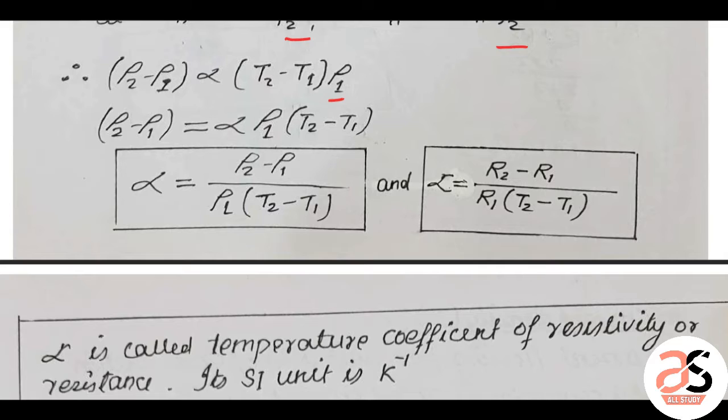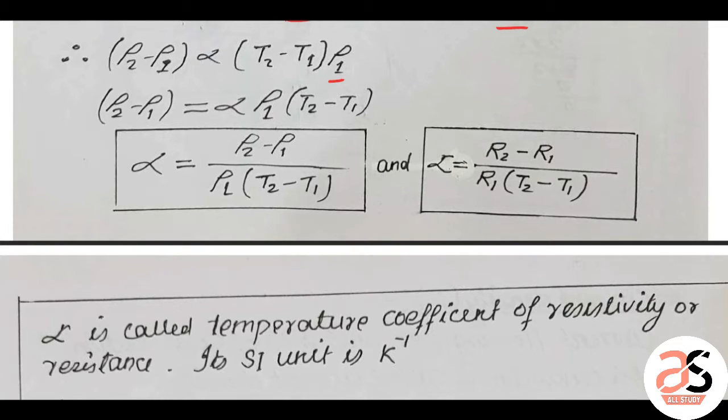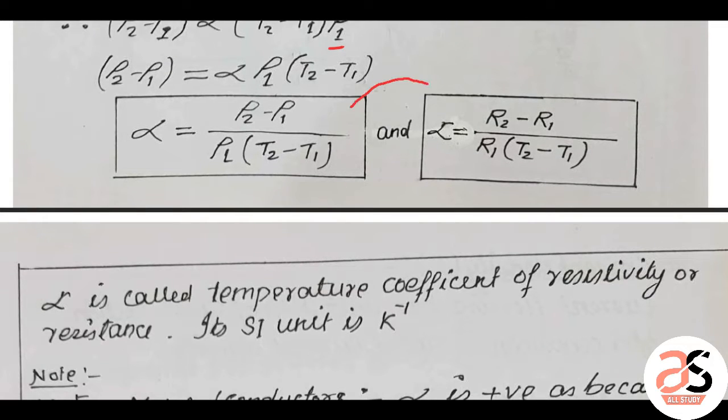Now they are proportional. To make them equal, one constant is multiplied here, which is called the coefficient of resistivity. So rho 2 minus rho 1 by rho 1 into delta T, which is T2 minus T1.